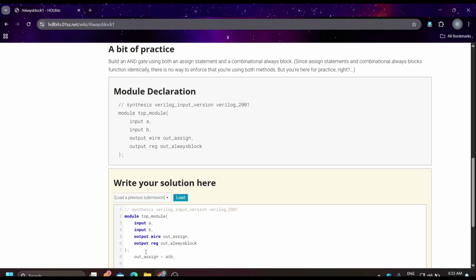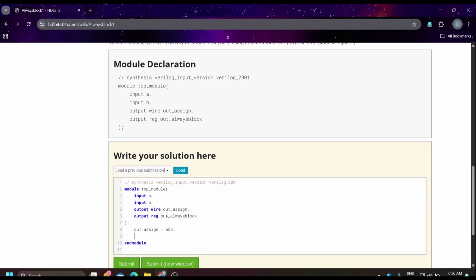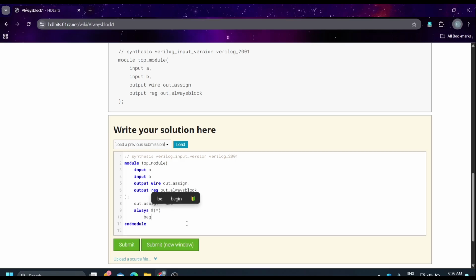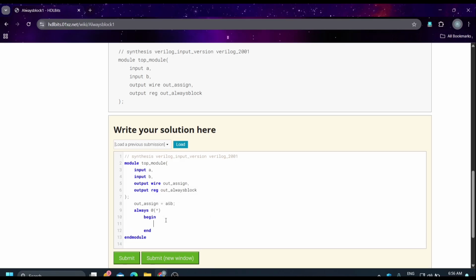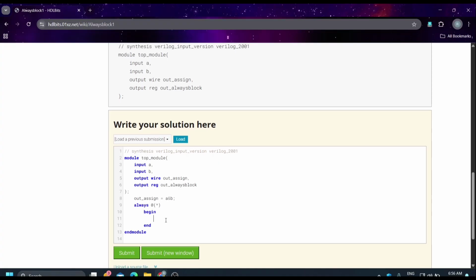Next, for the next output we need to use always block. So I'm writing always at the rate asterisk sign. In this always block we can write begin and end if we are writing multiple statements. If there is only a single statement, then no need to write begin and end.